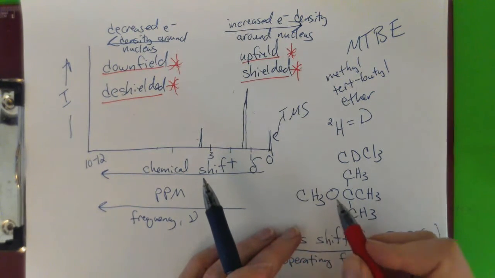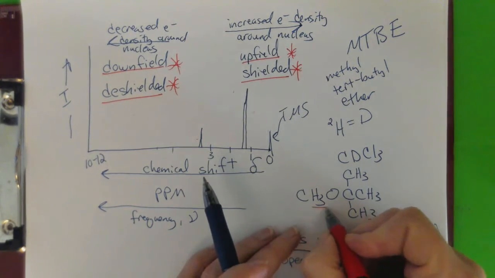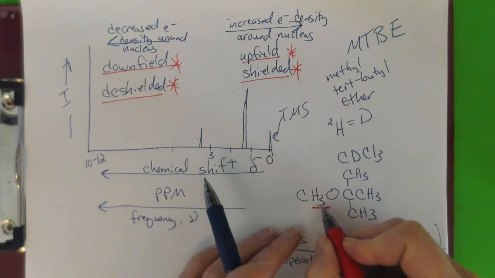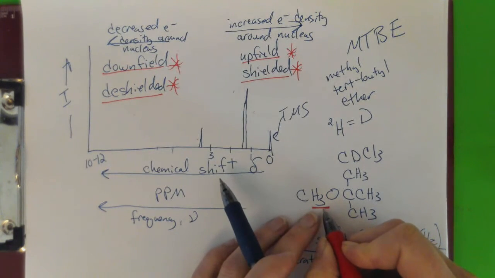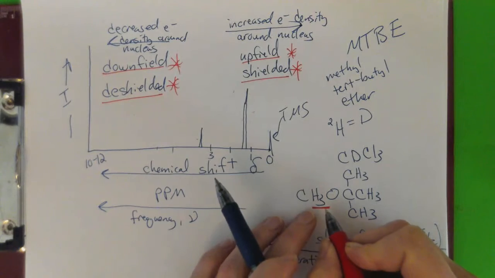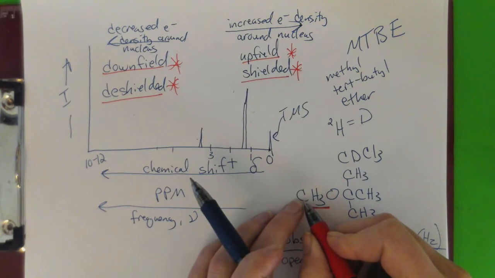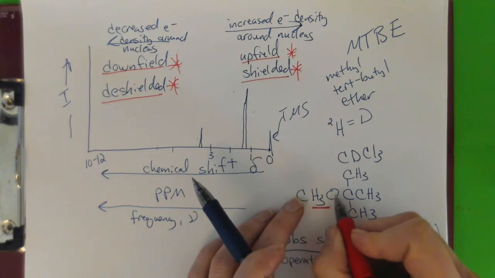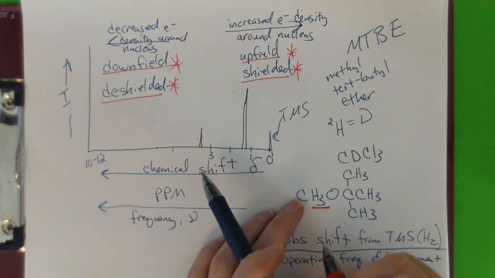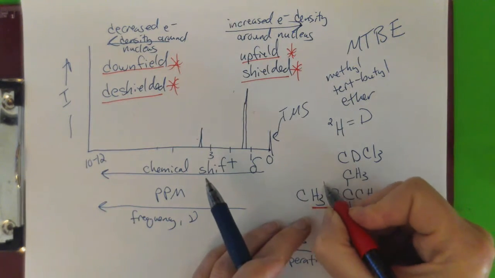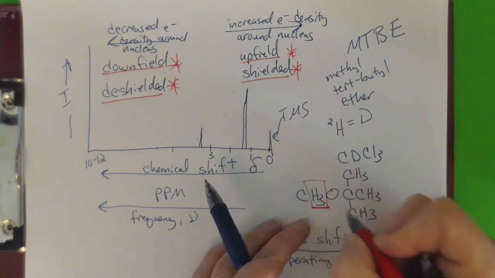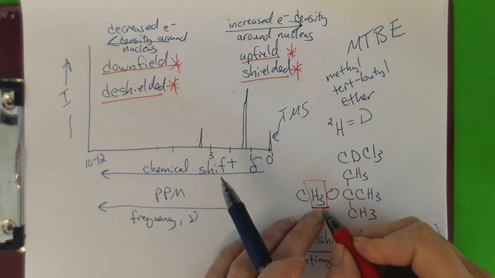Okay, so we've got these 3 protons here. They're all in the same electronic and chemical environment as each other, all 3 of these, right? All 3 of them are attached to the same carbon, and that carbon is attached to this oxygen. So these represent protons in one type of environment, and they're going to produce a signal.